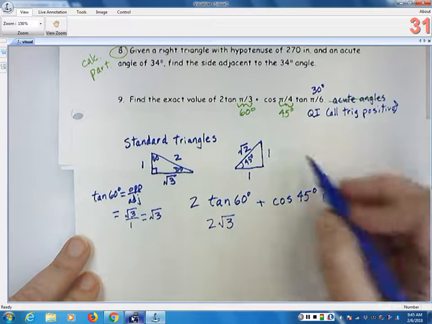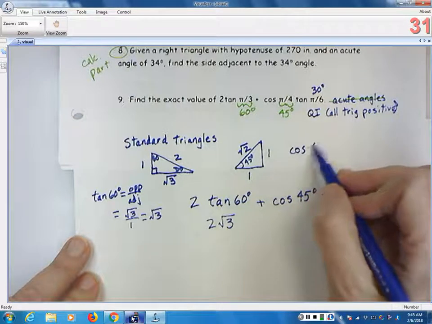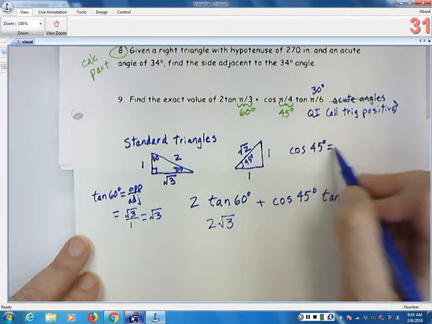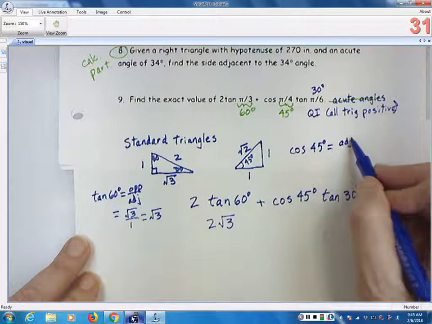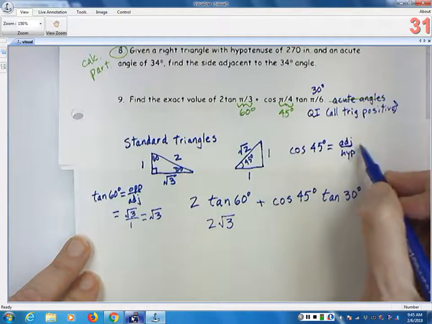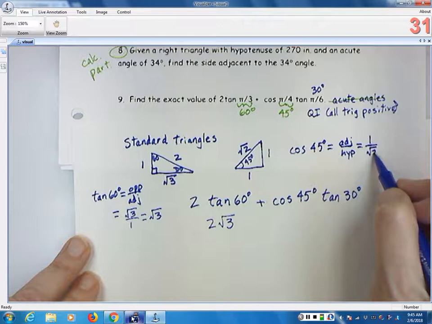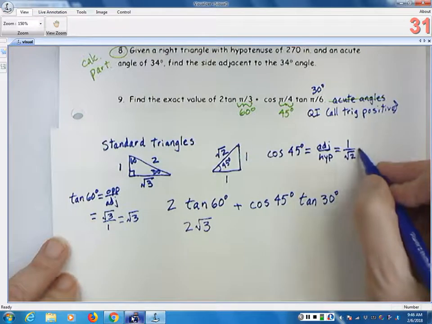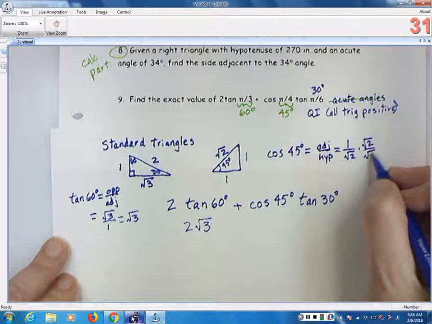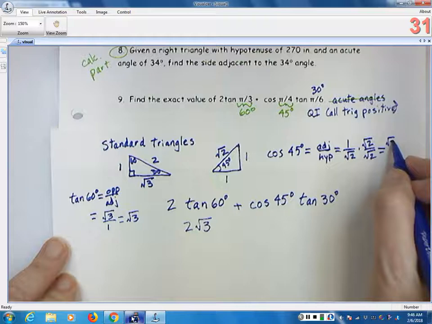What's cosine of 45? That's adjacent over hypotenuse, 1 over the square root of 2, and then you have to rationalize that. Square root of 2 over 2.